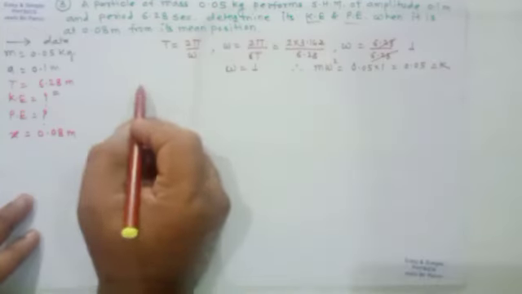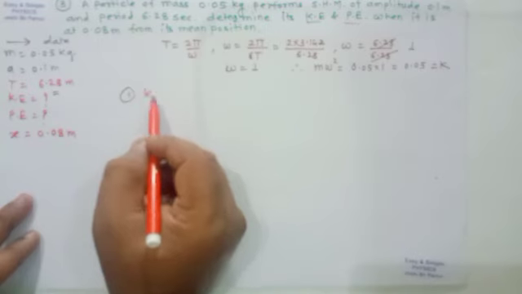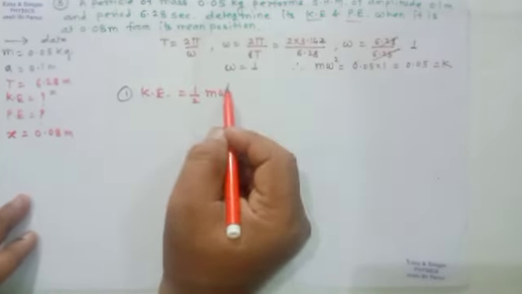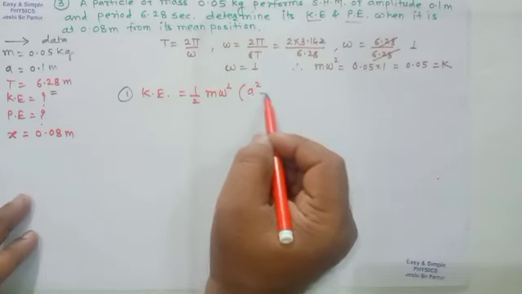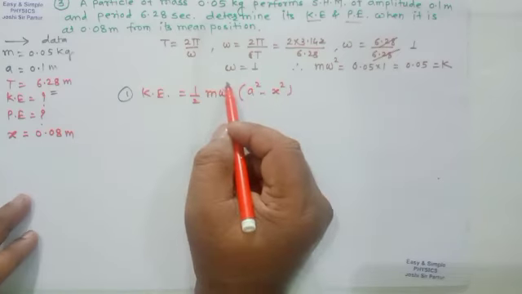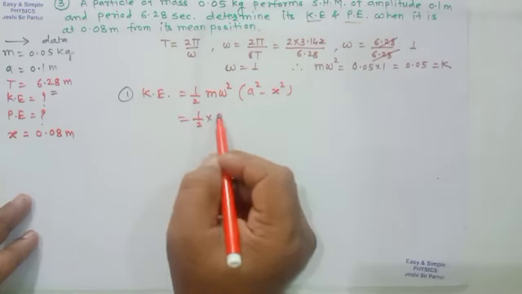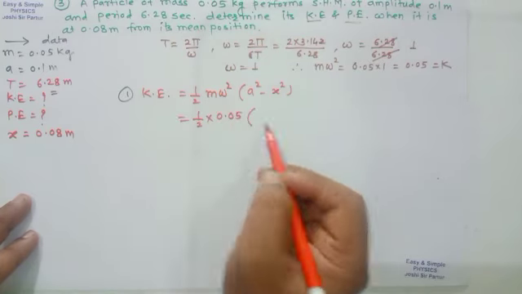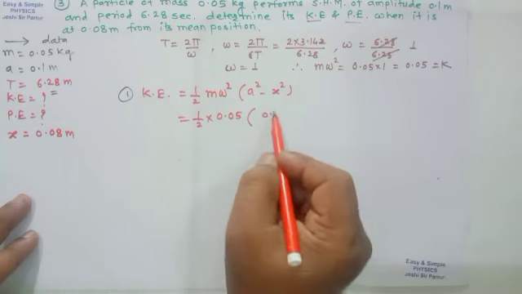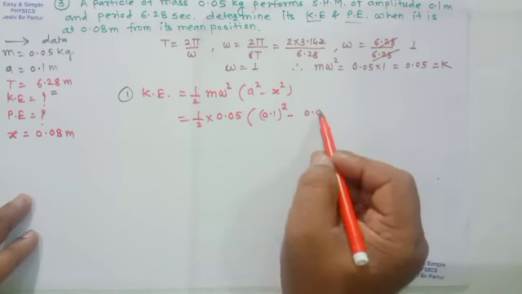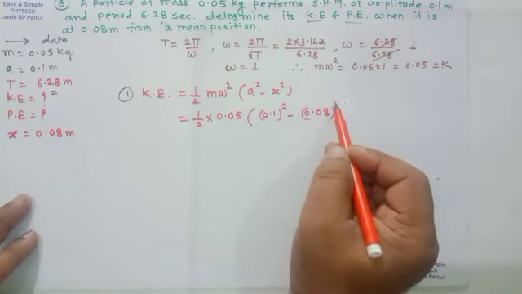So here, number 1, we can determine kinetic energy. So kinetic energy will be half m omega square in bracket a square minus x square. So here half multiplied by 0.05 in bracket 0.1 bracket square minus 0.08 bracket square.